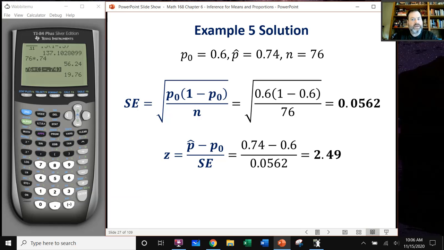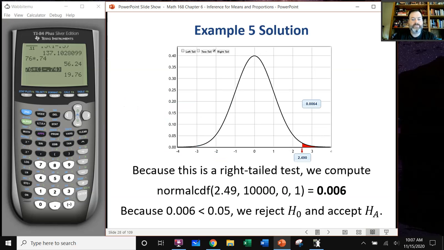Before we go to the next slide, we'll just say everything out loud. Is this a left tail, two-tail, or right tail? This is right tail. And so 2.49 is going to be way on the right side of the distribution, and we're going to shade to the right. So it looks like that.